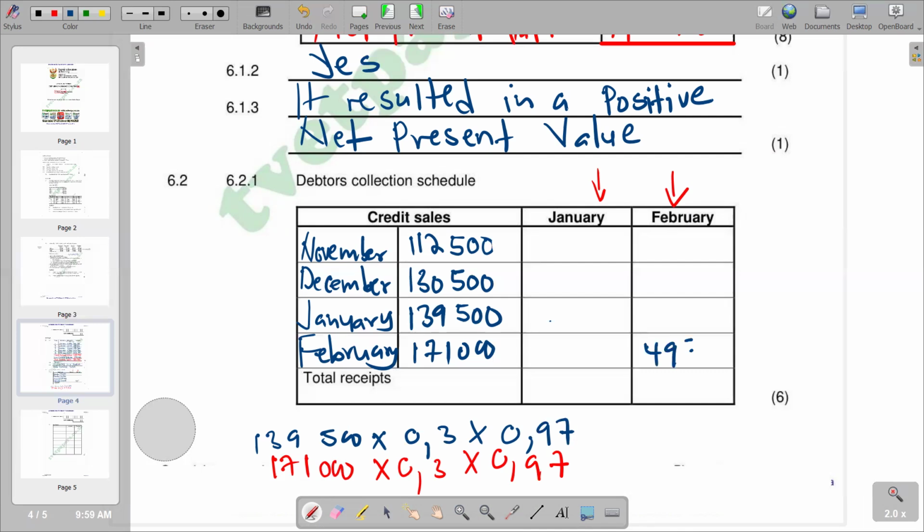For January being received in February, 29,500 times 0.3 times 0.97. So the answer that we have is 40,595. We can just take note. So basically, this is what we have.